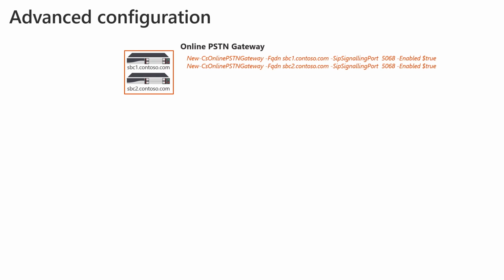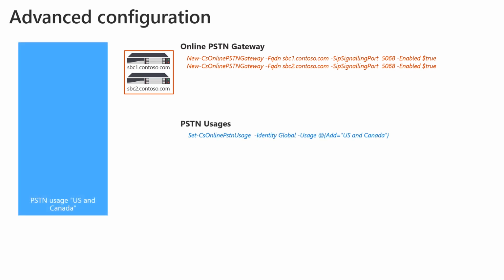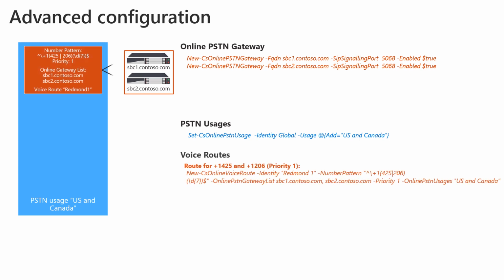Here is a more advanced configuration. So we have these two gateways in one location. We add both of them with the New-CsOnlinePSTNGateway, provide the FQDN, the signaling port, and enable them. We create a PSTN usage, Set-PSTNUsage to our global identity, and the usage is US and Canada. So obviously these two gateways are in Canada. We create voice routes.